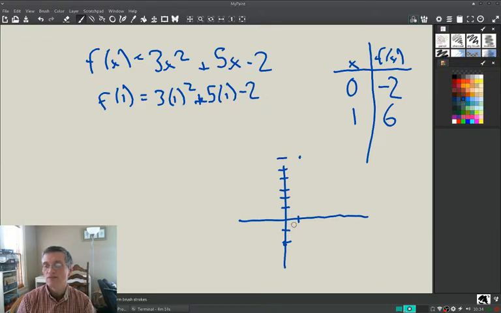So you already kind of know what this is going to look like. It's going to go like this. And although this is getting steeper and steeper, it never gets too steep, which always kind of freaks me out. Oops, I made that go through wrong.